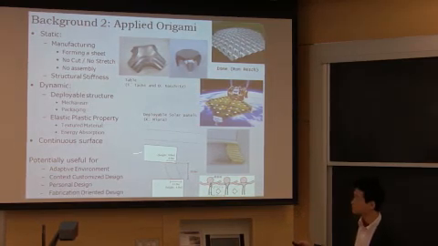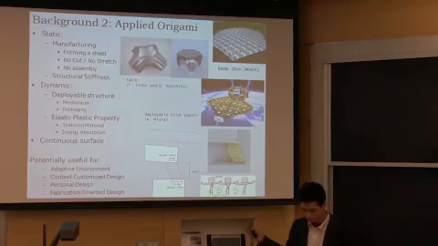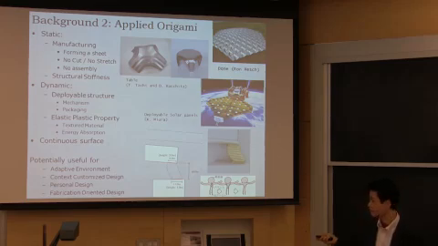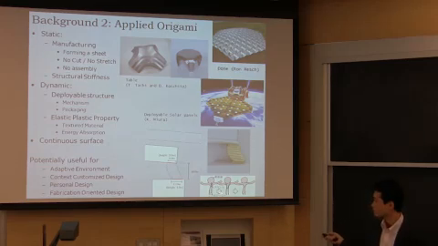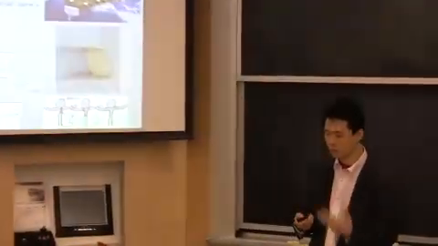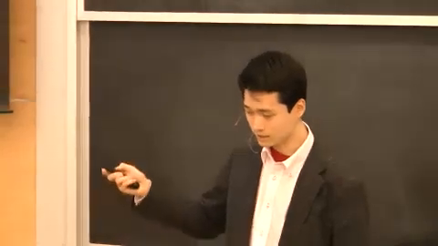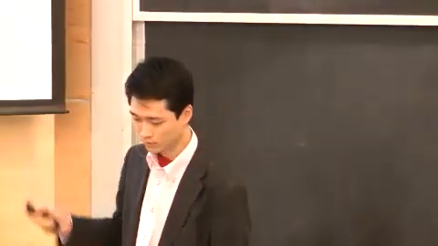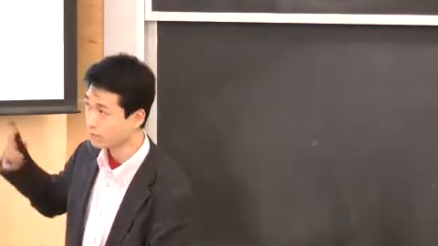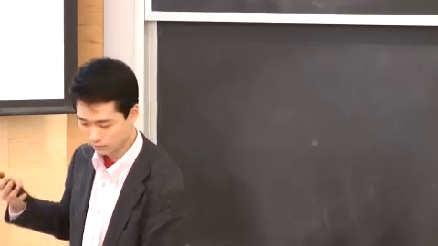So this makes origami potentially useful for adaptive environments, which includes context customized design or personal design, so that you can make origami structures customized to your body or to the design context. And you can, of course, do fabrication-oriented design, so that you can efficiently use the material to build the 3D structure that you want.